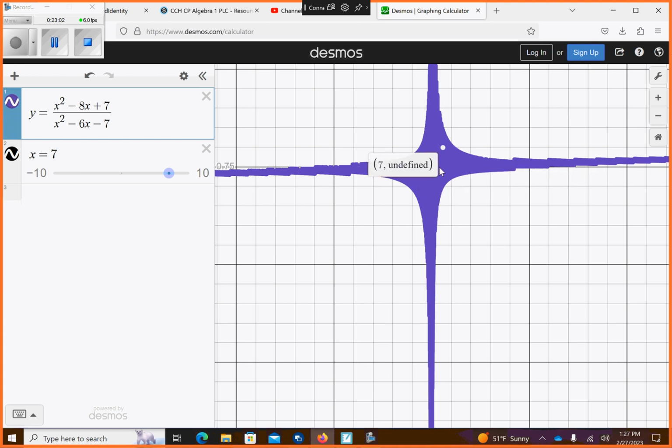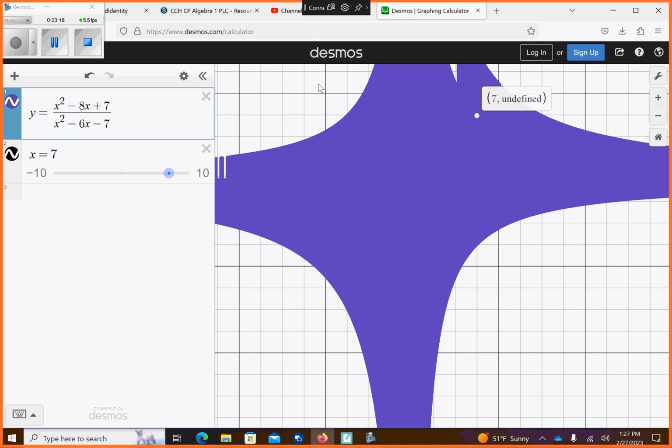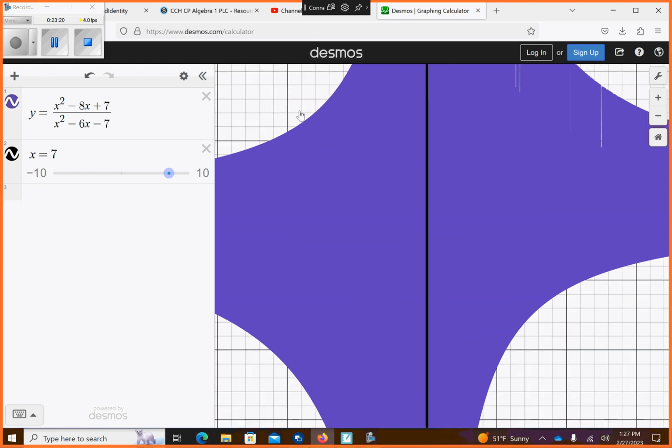Yowzers. As I go to left or right, it looks like it's beep, beep, beep. Dead. So I'm not quite sure how I can make Desmos utilize this anymore.